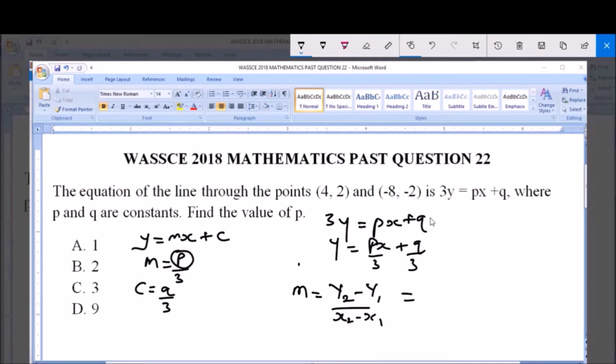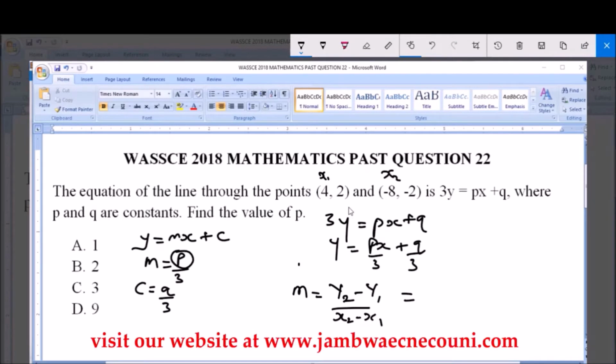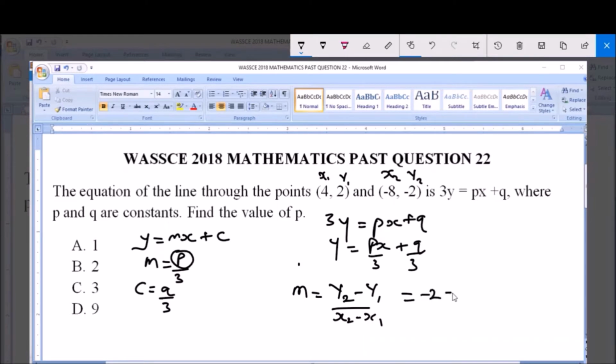Looking at this, our x1 is 4 and our x2 is minus 8, our y1 is 2 and our y2 is minus 2. So therefore we have y2, which is minus 2, minus y1, which is 2, all over x2, which is minus 8, minus x1, which is 4. So this is equal to minus 4 all over minus 12.